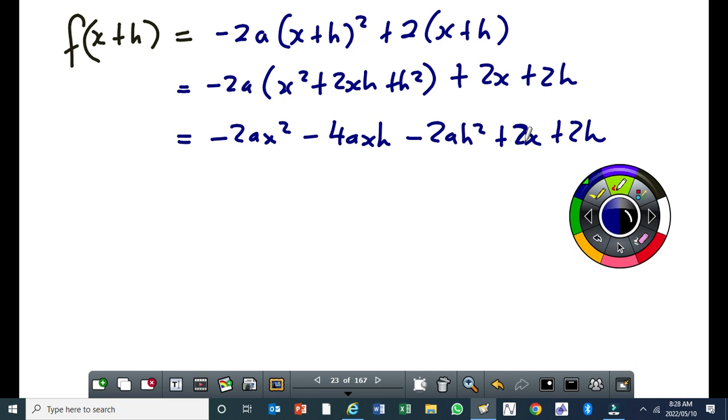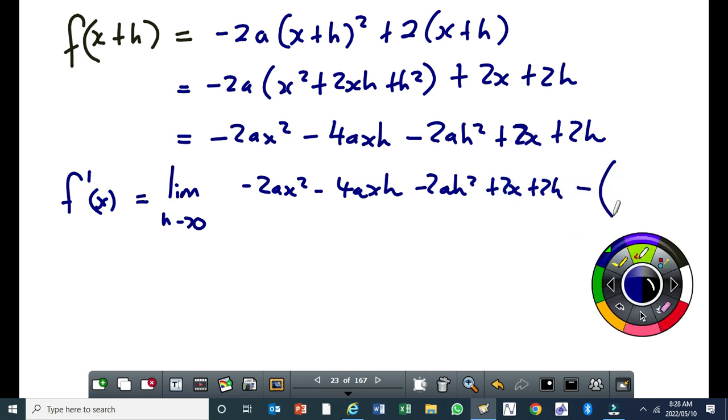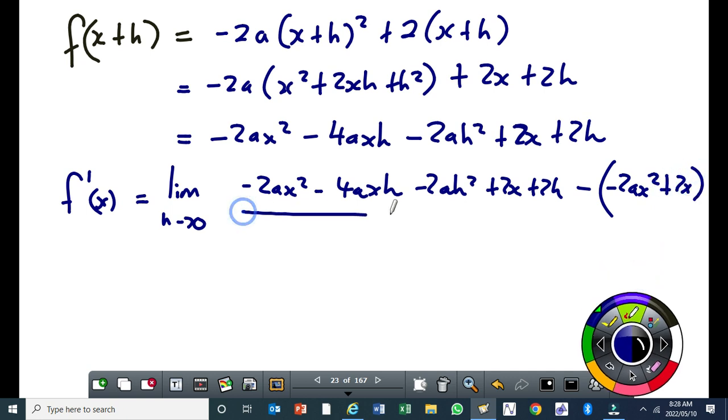Then I'm going to substitute that expression into the formula for the derivative from first principles. So this will be minus 2ax squared minus 4axh minus 2ah squared plus 2x plus 2h minus, then in brackets, minus 2ax squared plus 2x, all over h.